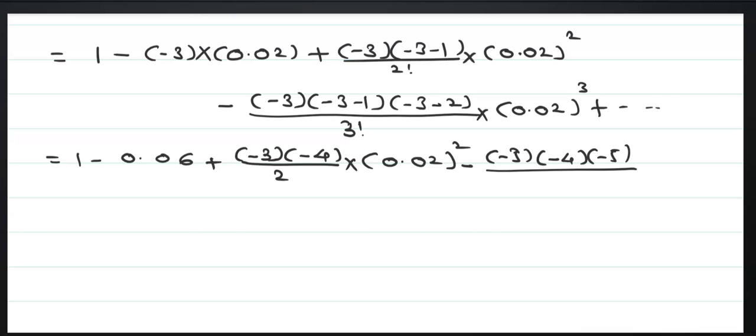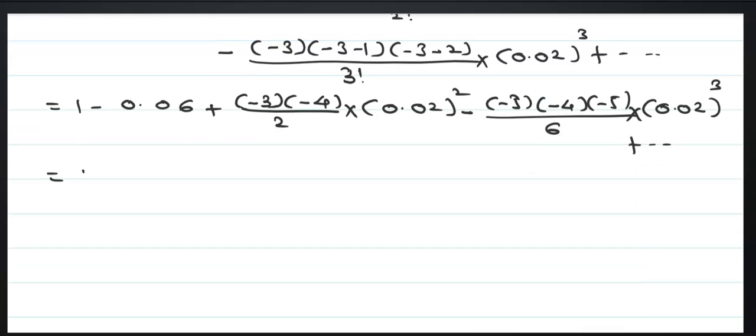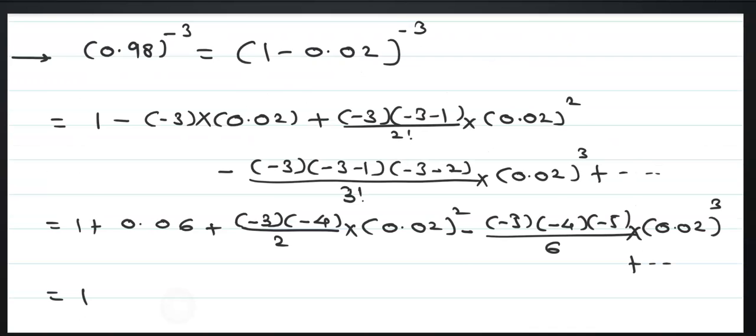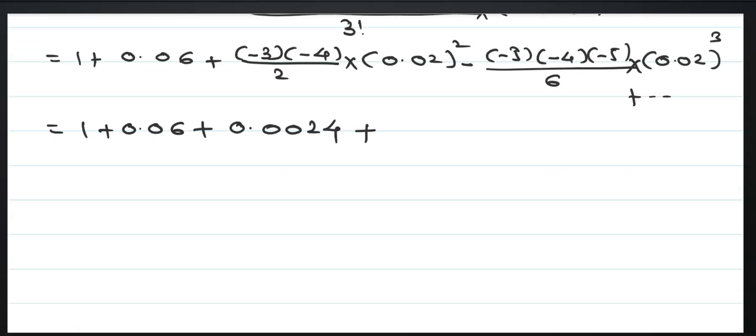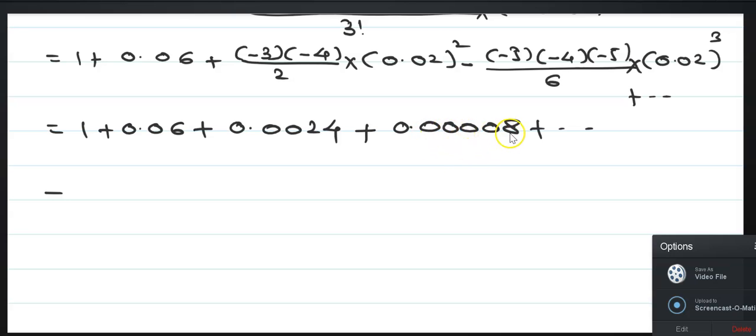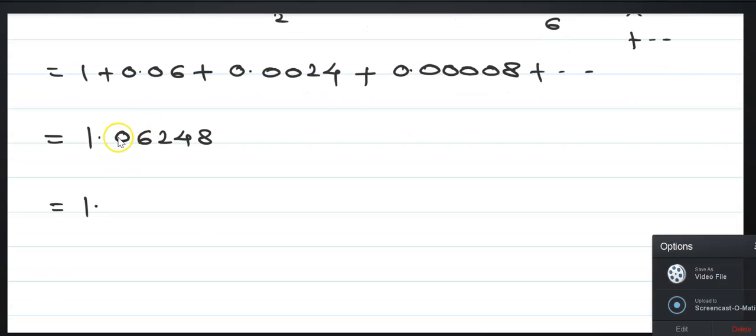Next is minus 3 minus 4 minus 5 upon 6 into 0.02 bracket raised to 3, and overall now we will simplify here. 1 plus 0.06, plus 0.0024, plus 0.00008, that is 1.06248, that is equal to the final answer 1.0625.